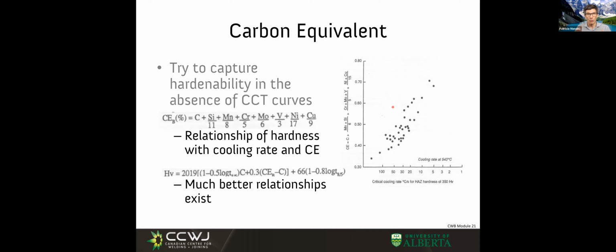now we're talking about welding, right? Using the same concepts as before. People tried, and this is something Alejandro mentioned on Tuesday, to capture the effect of alloying elements in the steel. They tried something that has nothing fundamental. They said, if we try this, does it work?